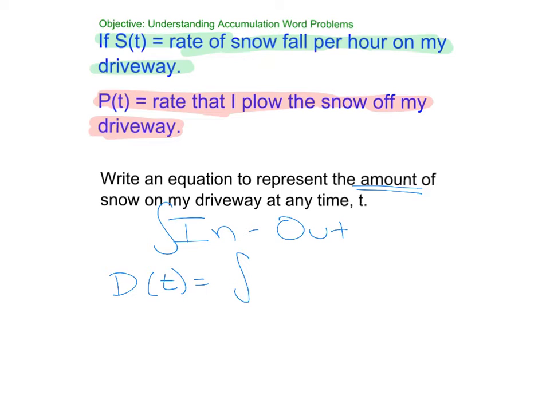So that's my in, snowfall, S of t, minus the out, P of t. Now, there is an issue. I can't have a t here and t's here. So we need to make this from 0 to t hours. And I'm going to erase this, and I'm going to make those any other letter. So I'm going to make them x's.